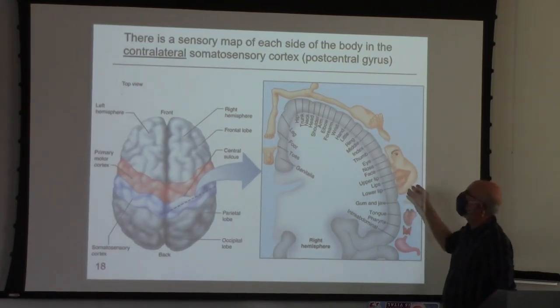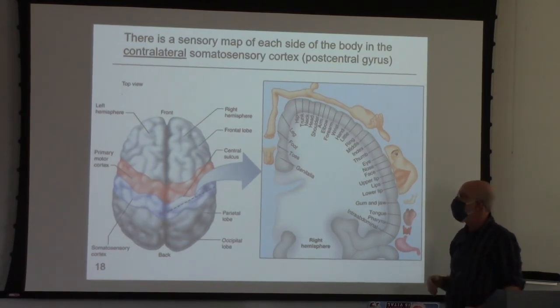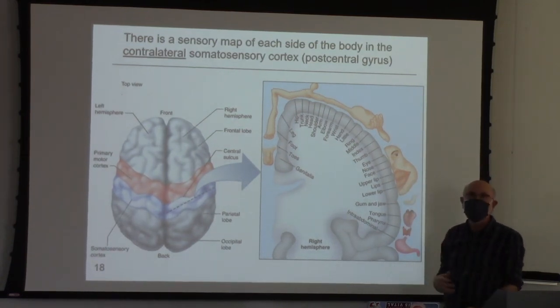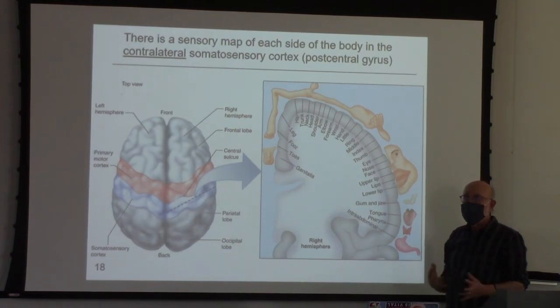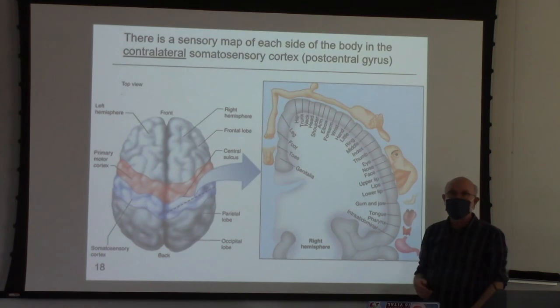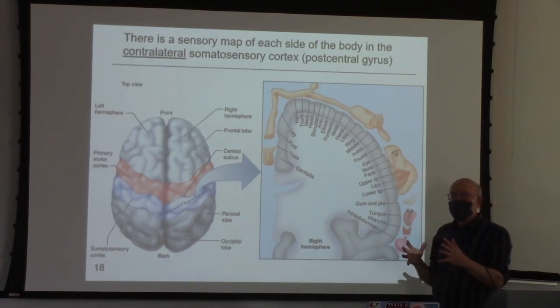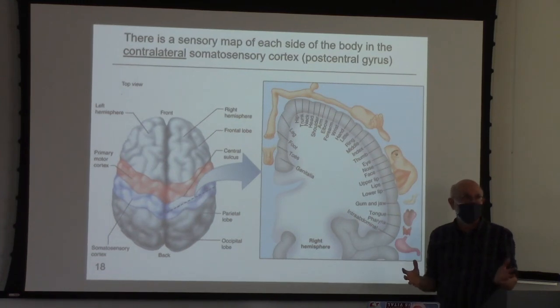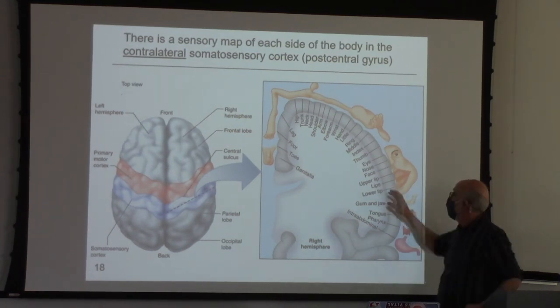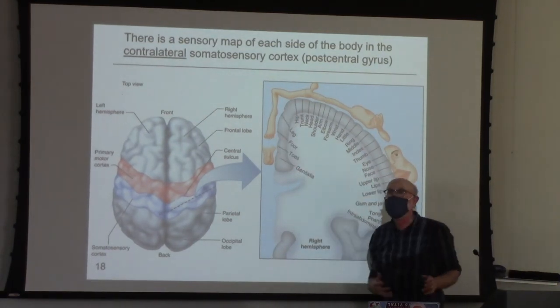So this body has a name. It's called the homunculus, and it's a highly distorted map of the body on the somatosensory cortex, with the hands and the lower face taking up large amounts of neural processing information in the gray matter, and toes and leg taking up less.